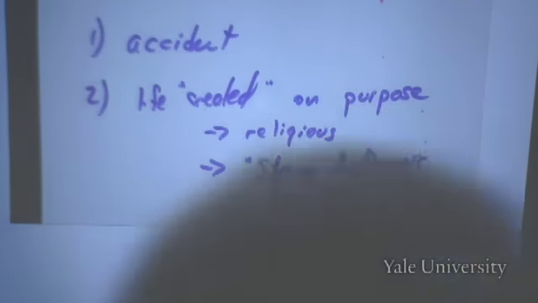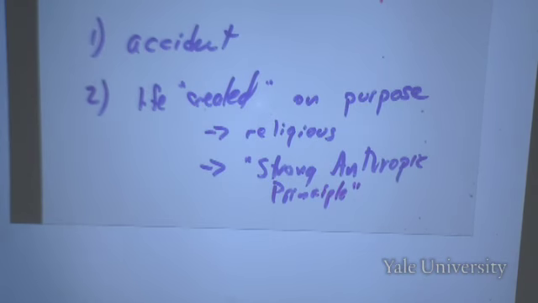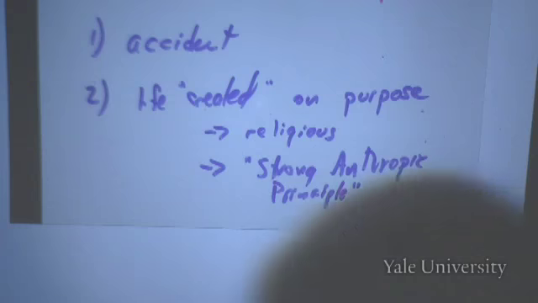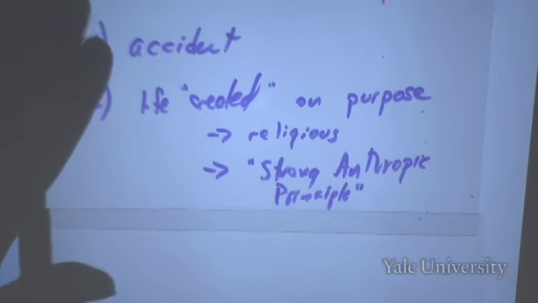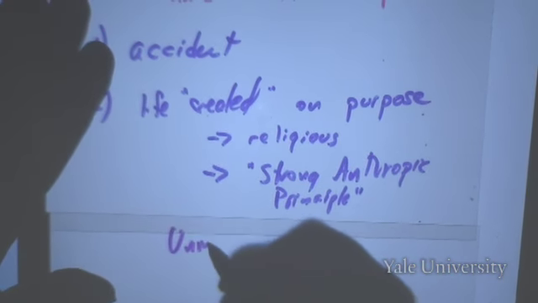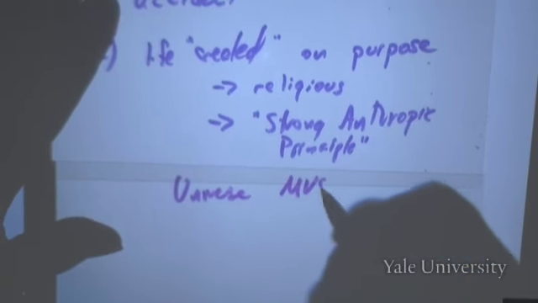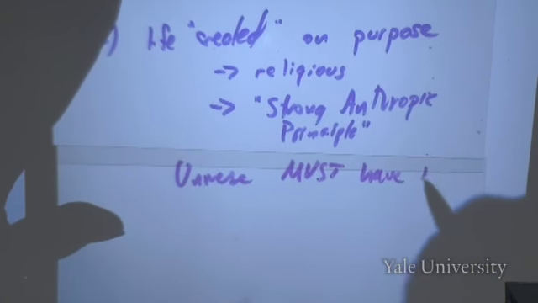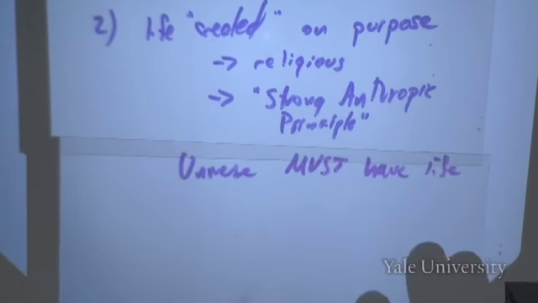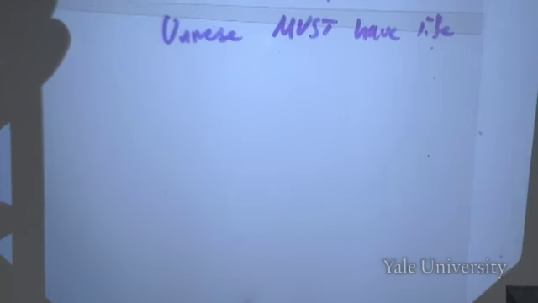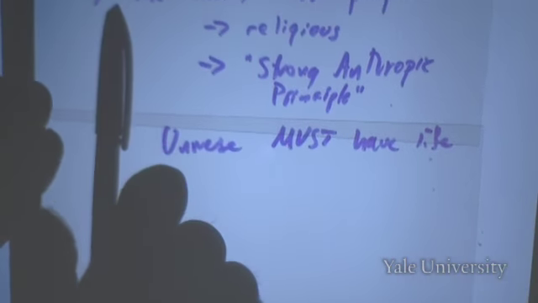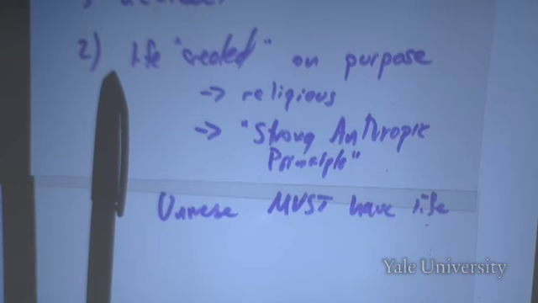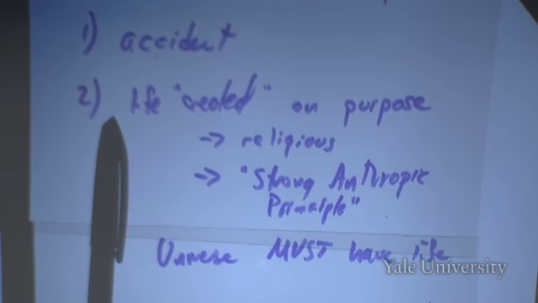Which says that for some reason, be it religion or anything else, the universe must have life, or have the set of constants that allows life to exist. One of the things that the physicists are trying to do is to figure out why these numbers have the values they do.